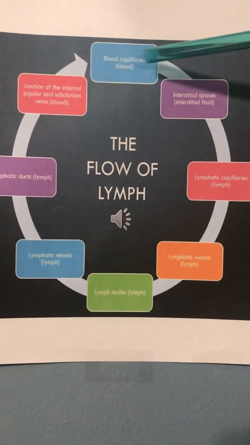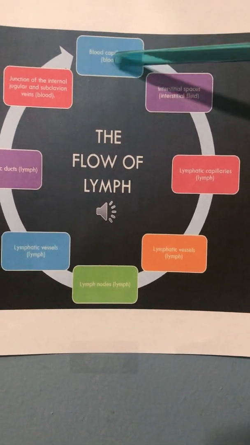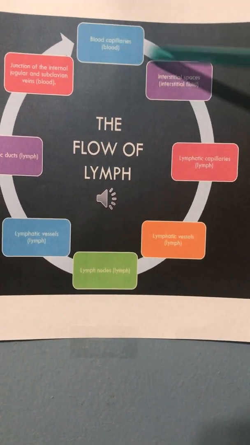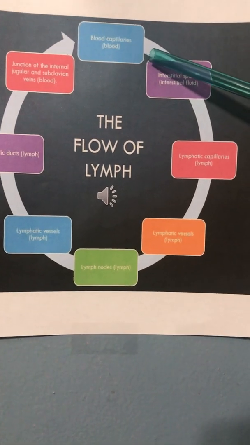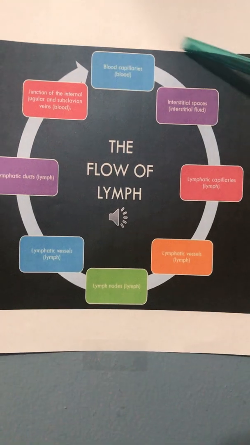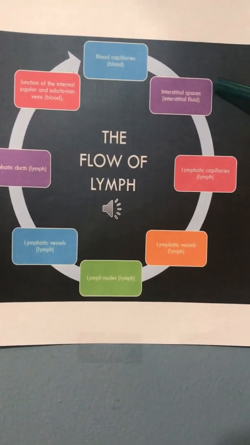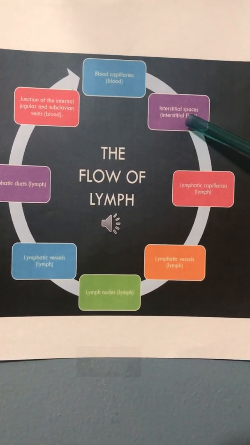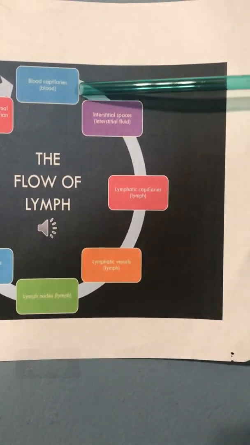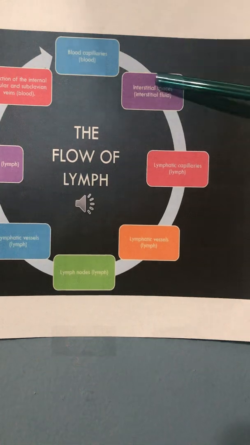The blood circulation takes about 90% of the fluid from between these two tissues, but it doesn't take 10% from the interstitial spaces or outside this tissue. So this is where the lymphatic system kicks in, taking that 10% back into circulation.